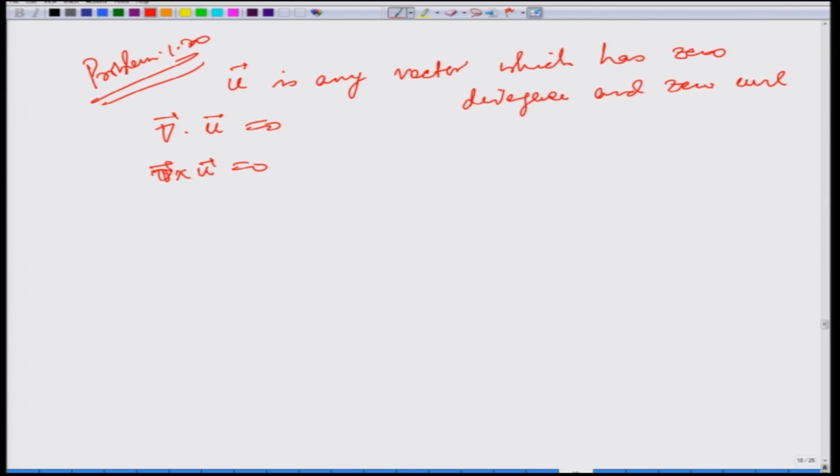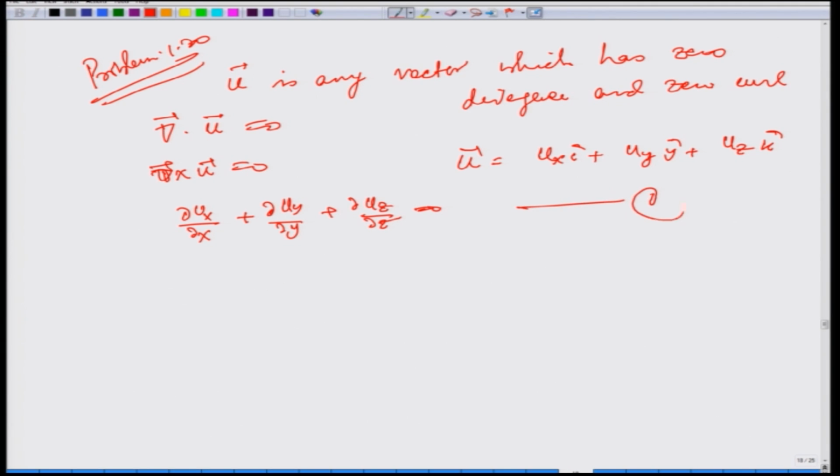Just write U as Ux i cap plus Uy j cap plus Uz k cap, and divergence of U being 0 means del Ux by del x plus del Uy by del y plus del Uz by del z is 0.